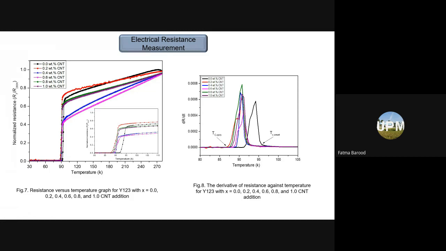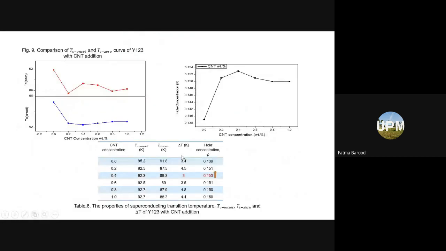The superconducting transition temperatures, TC onset and TC0, for all samples were decreased, while the transition width increased for all the samples, except for 0.4.